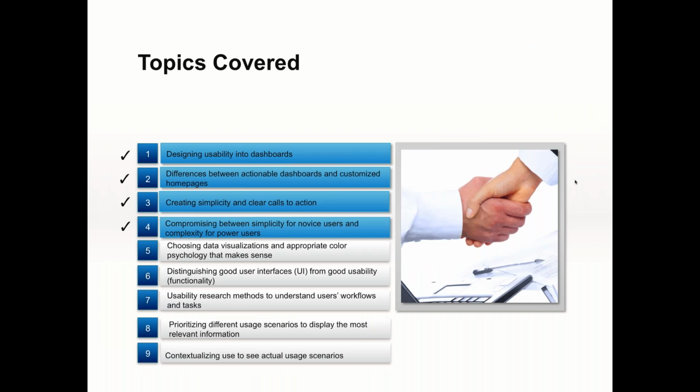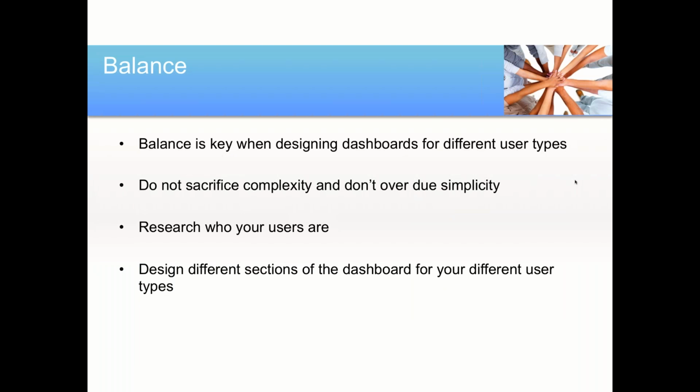So now we're going to talk about compromising between simplicity for novice users and complex power users. You have to find a balance because you're going to have every type of user probably. You're going to have the users who really want to dig deep and get that information. You're going to have some people who just want a summary and they don't need anything more than that.